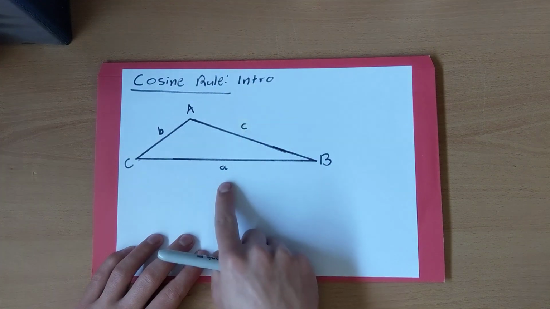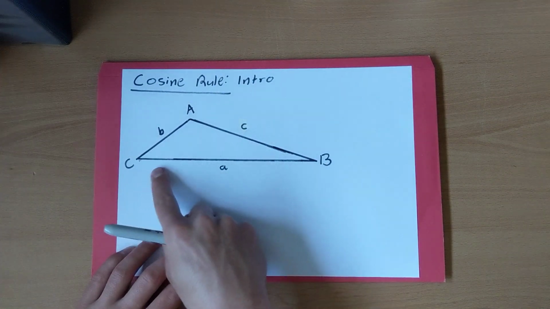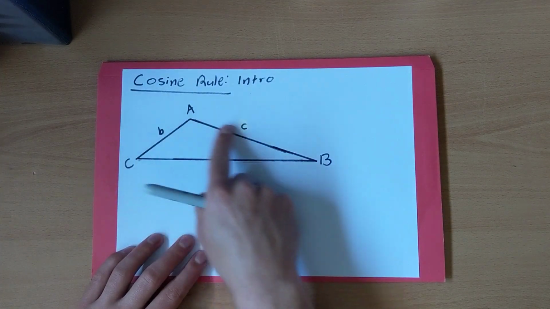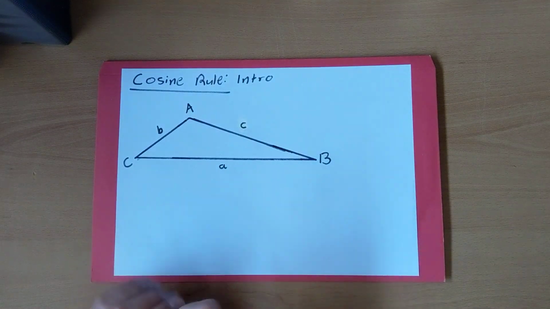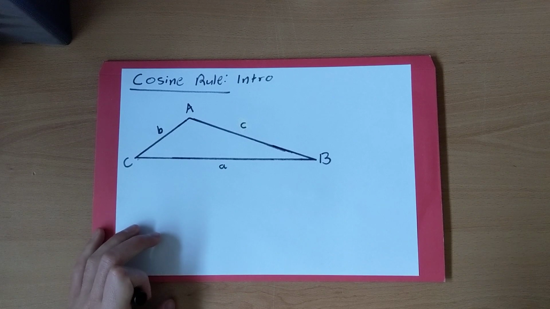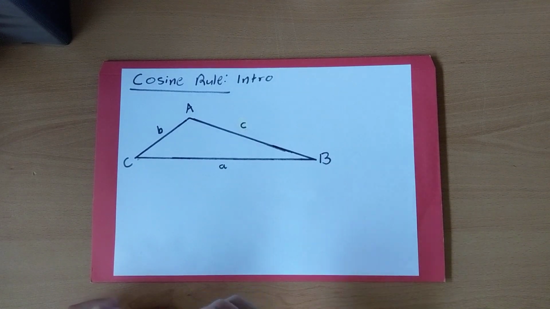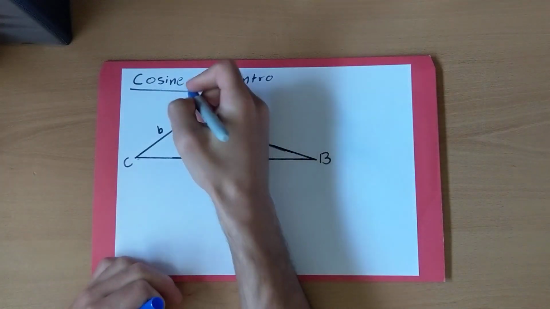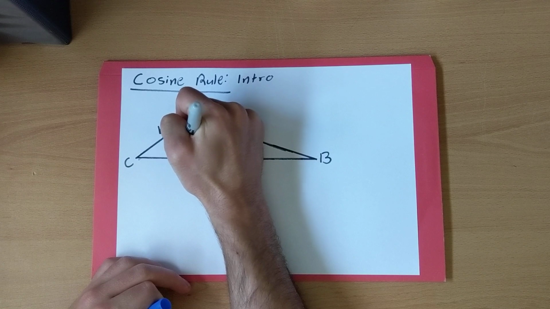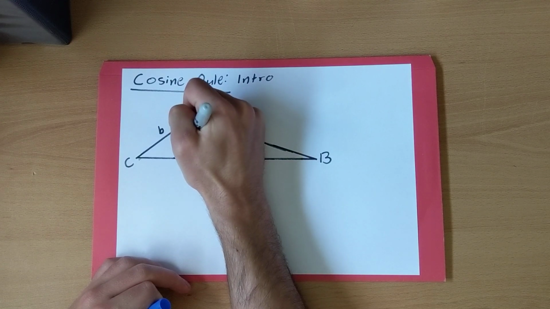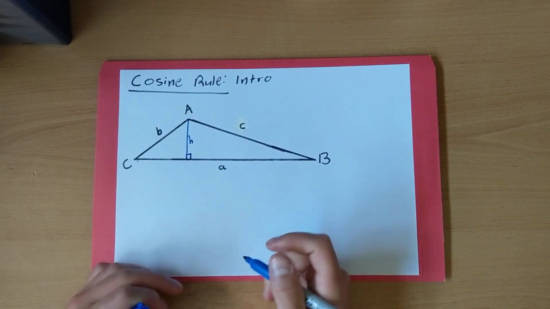And then opposite each one of those angles, we have the sides that are labeled with lowercase a, b, and c. The same way as back with the sine rule, we're again going to start by seeing what happens if we draw the perpendicular height like that.